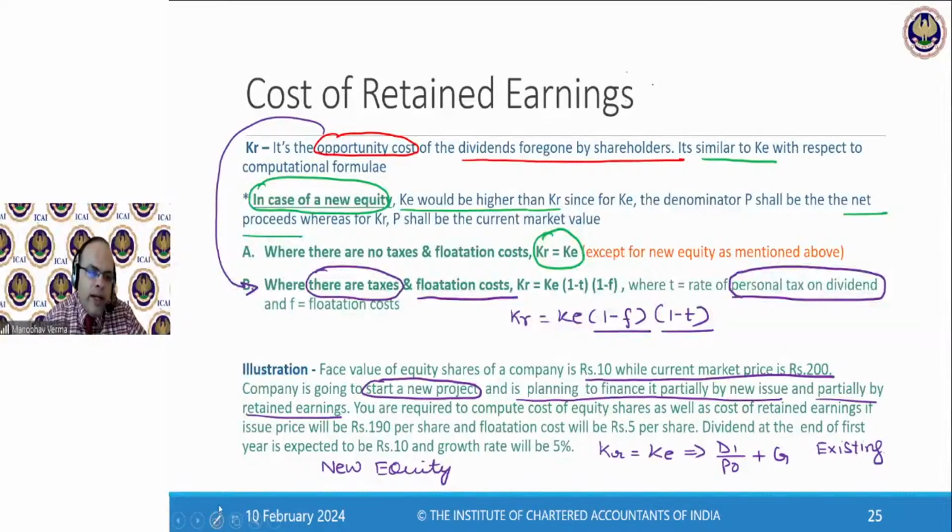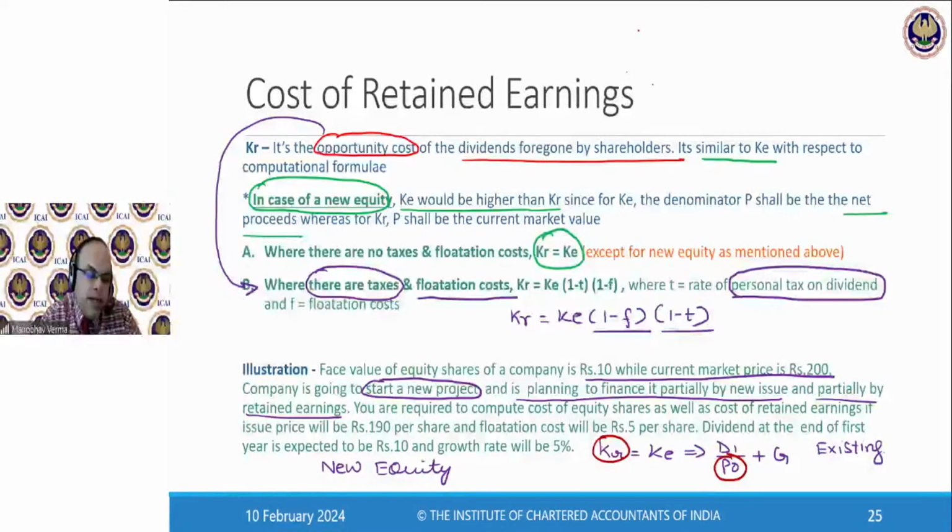If we were to calculate the cost of existing equity or retained earnings, the main question is what my denominator's value would be. I believe for existing equity, or when we are talking about cost of retained earnings, we may be able to use the current market price. But in the case of new equity, we are forced to use the issue proceeds.